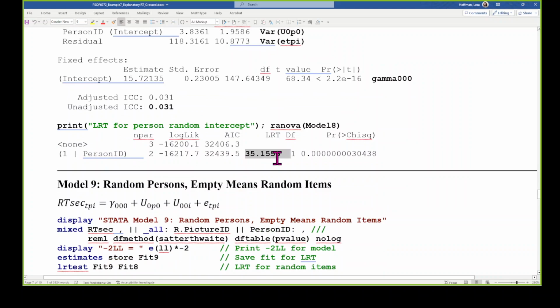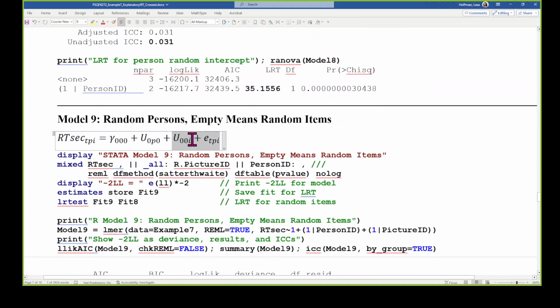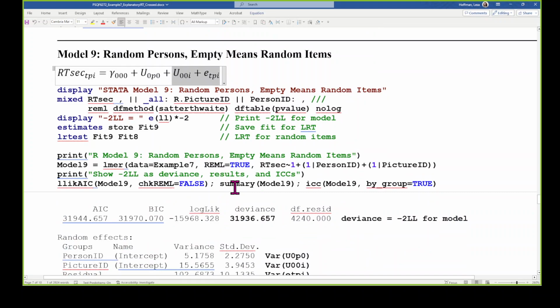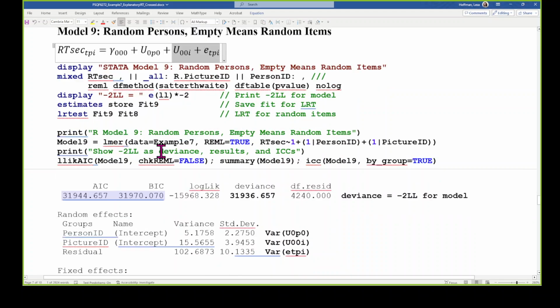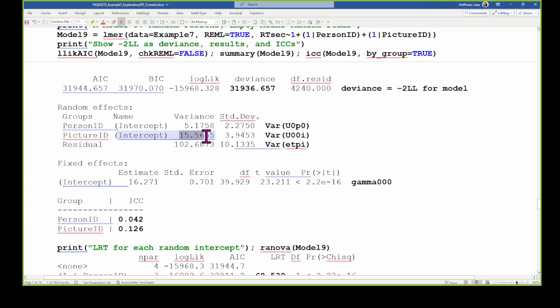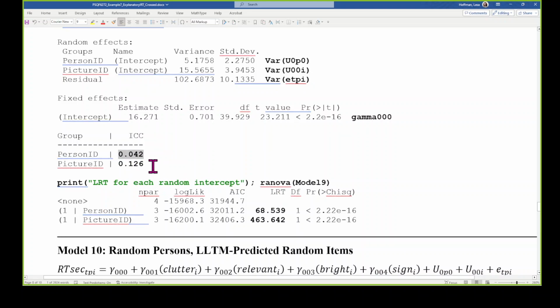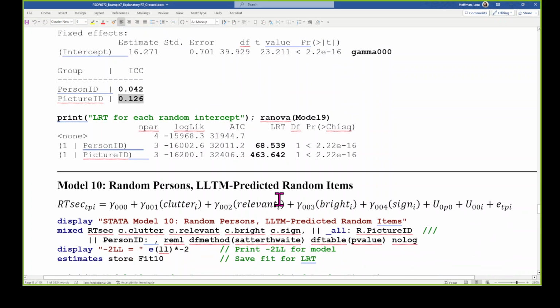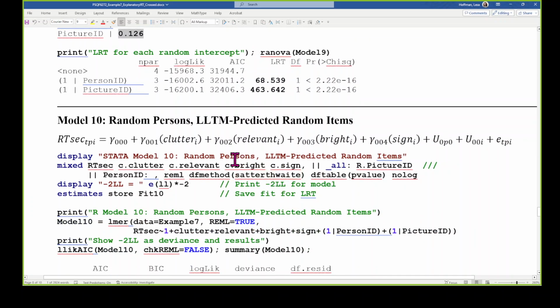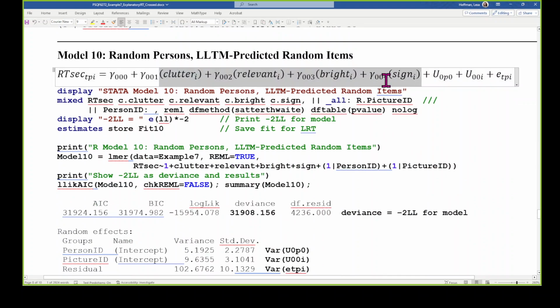But it is significant. I throw in my U for items to make it what I would call a crossed random effects model. And that results in quite a bit of variance. So people variance is up to 4%, picture variance is now 13%, and they're both significant. If I look at my item predictors, clutter, relevance, brightness, and whether the change was made to a sign, I've got my 3 piles of variance here.